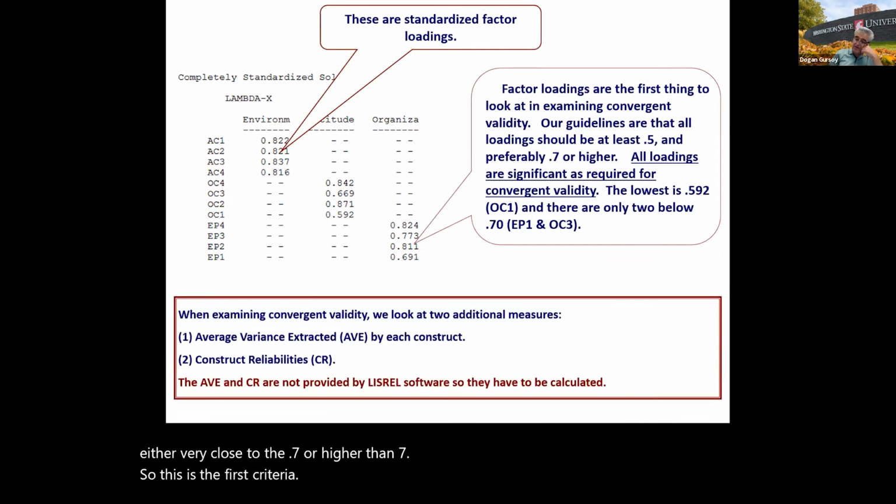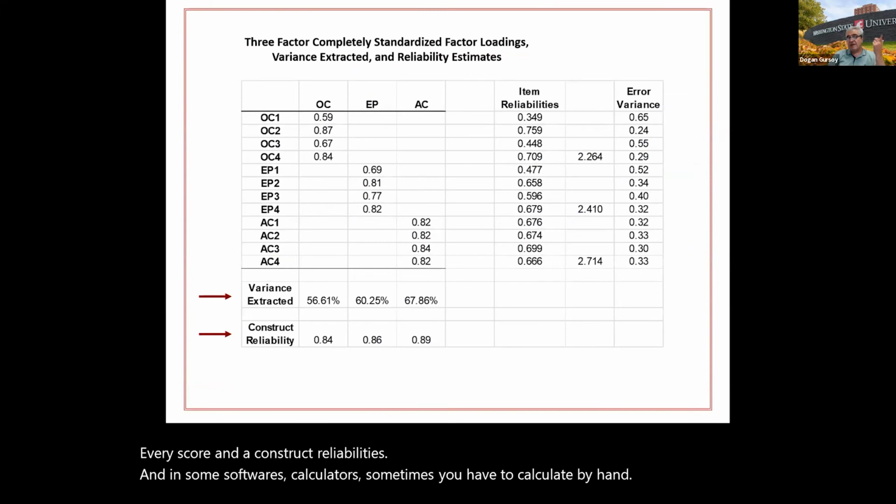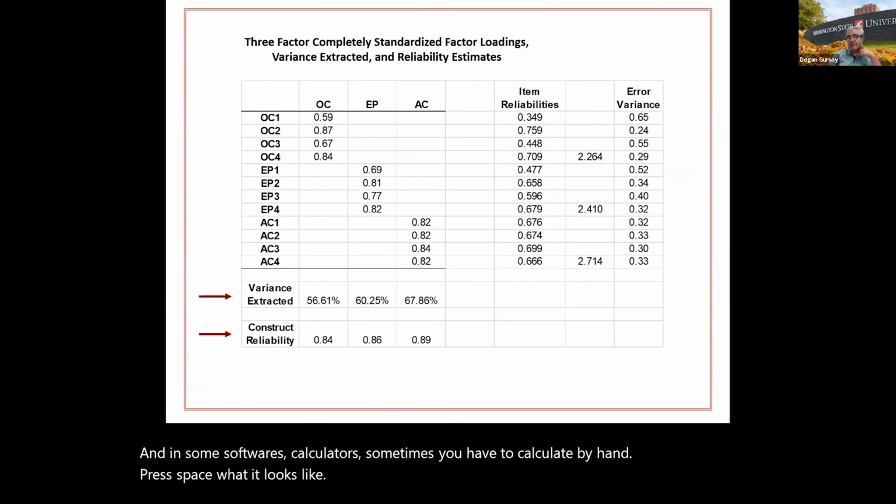Next, when examining convergent validity, we look at two additional measures, AVE scores and construct reliabilities. Some software calculates these; sometimes you have to calculate by hand. That's basically what it looks like. The first column holds the standardized factor loadings, and then you have item reliabilities and the error variance.